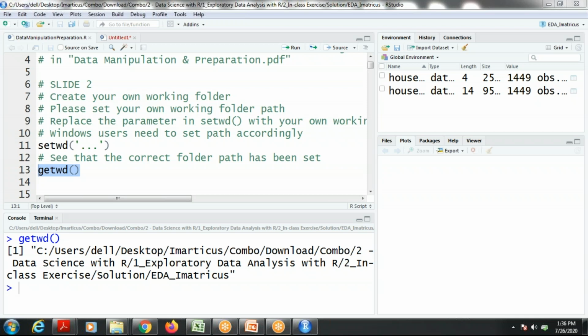Did you run this code? Yes, sir, ma'am. I hope it is working for everyone. Are you getting some output? Yes. Perfect.